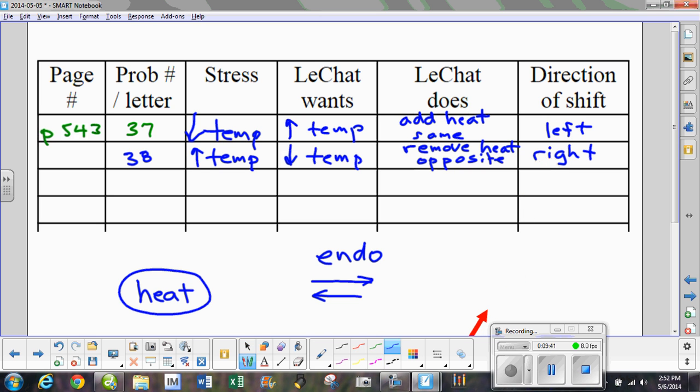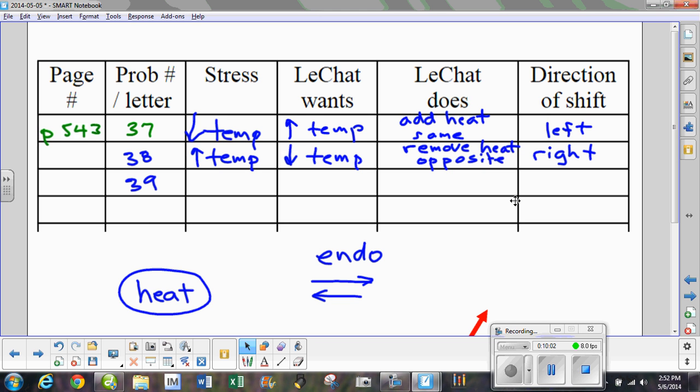We're going to do 39. And in 39, that's going to Todovik. So Todovik, tell us what do we have here, an endo or an exo? You should all have your textbooks open to 539.